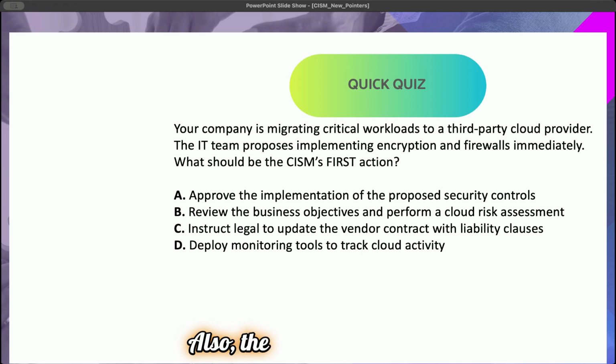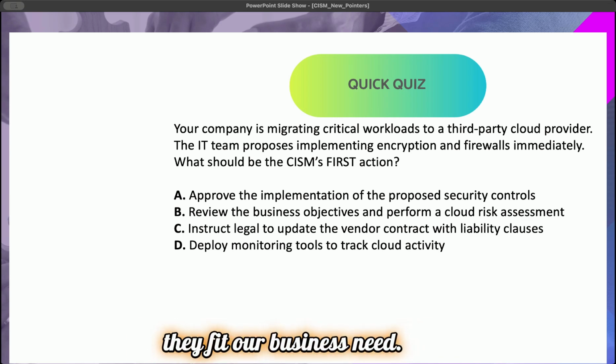The assessment should also consider business objectives like uptime, scalability need, cost constraint, etc. Right? So that is something we'll have to keep in mind. Now, option A is premature, and we cannot approve controls until we understand what risk they mitigate and whether they fit our business need.